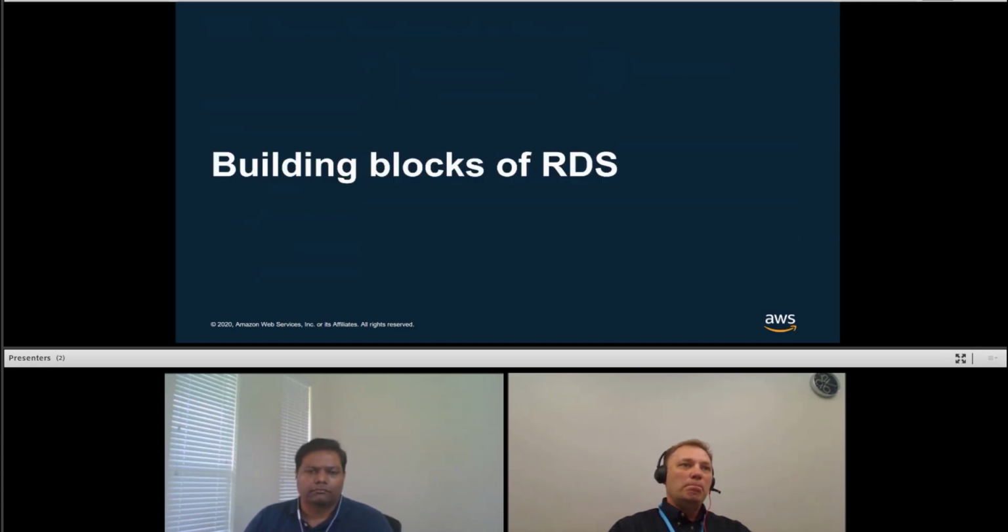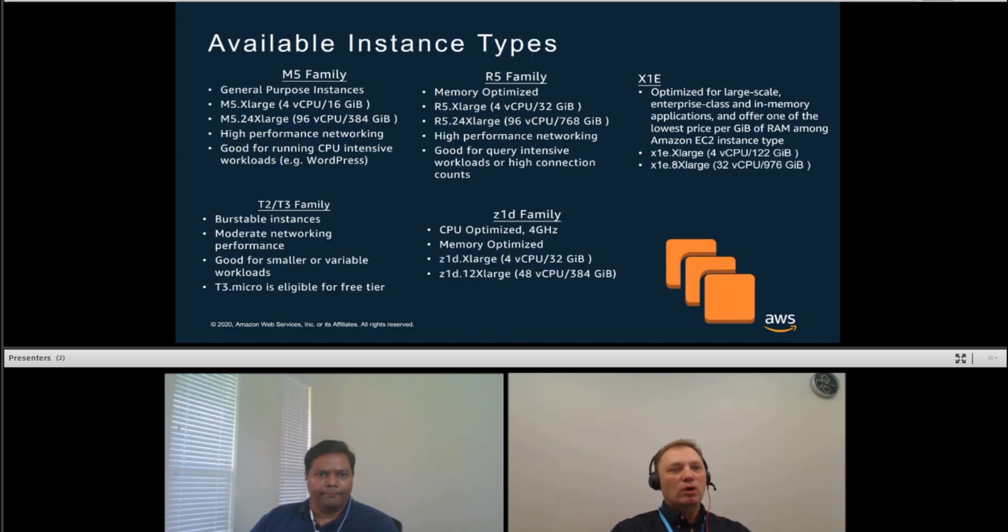All right, building blocks of RDS. It's very important to understand the underlying components that will be used for that configuration. As you're probably aware, AWS has hundreds of instance types available to our customers.